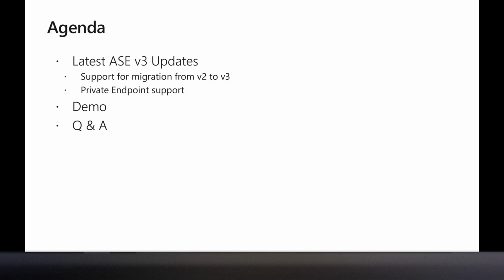Okay. Second thing, private endpoint support. This is the ability to create private endpoints for apps that are running in your app service environment. Just keep in mind it's only supported for your public ASE v3 deployment. So as you know, when you deploy your ASE, you can deploy it as public or private. If you do private, you already get a private IP address. Of course, you cannot create private endpoints on top of it, but if you want to create private endpoints, that's where you create a public ASE and then you create private endpoints on top of it.